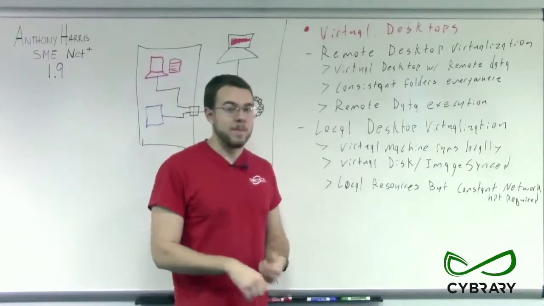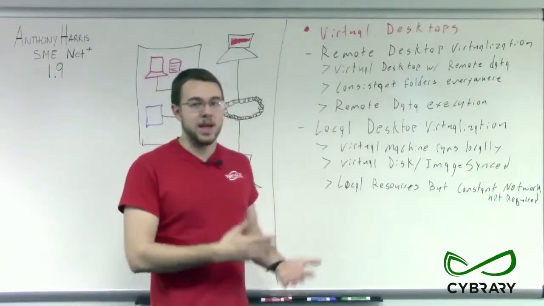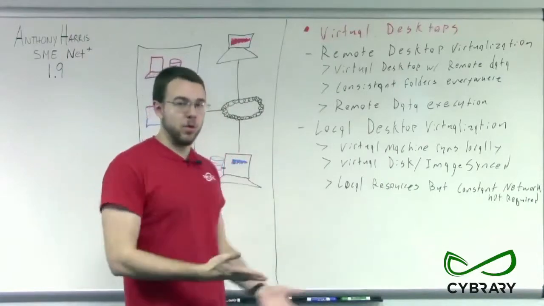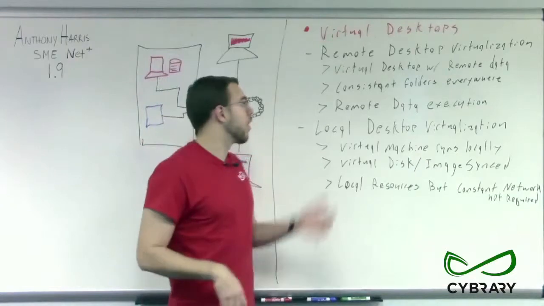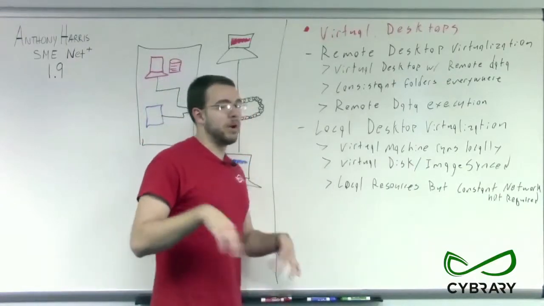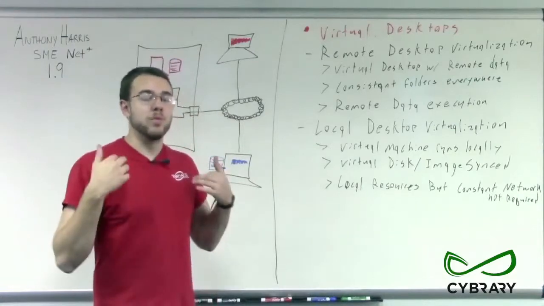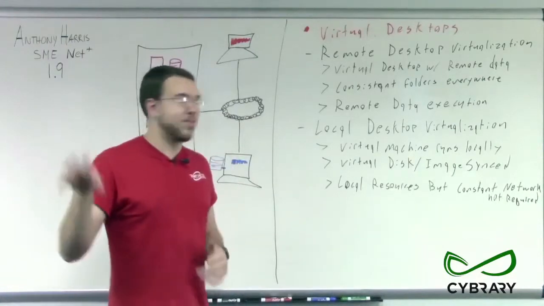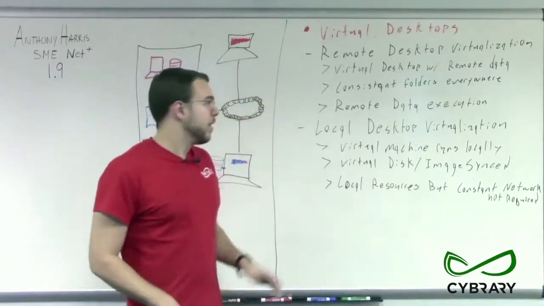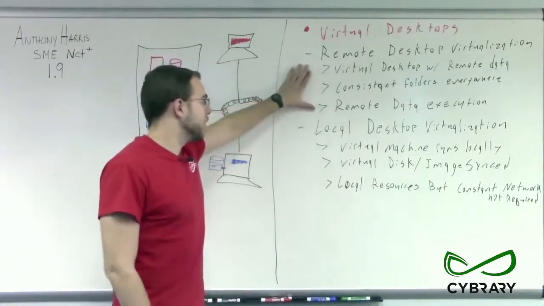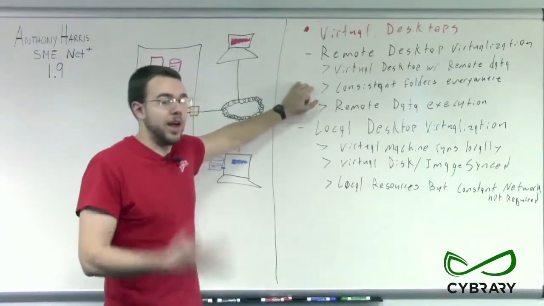Well, rather than setting up a VPN that we VPN in and then connect to our shared folder and see if we can pull down the file, we can just simply log into our remote desktop application, which will allow us to connect virtually to our remote desktop. And we keep that same remote desktop on a server that we are also accessing when we're at work. So this remote desktop virtualization keeps consistent folders everywhere.